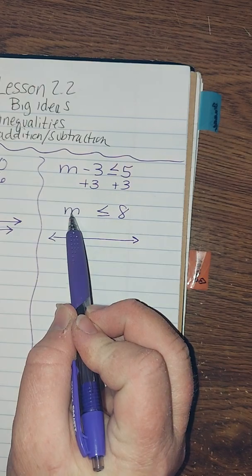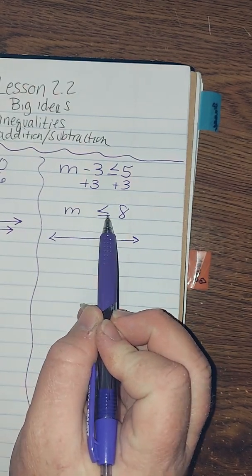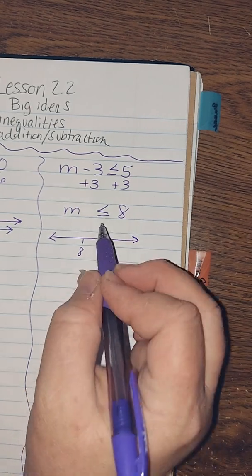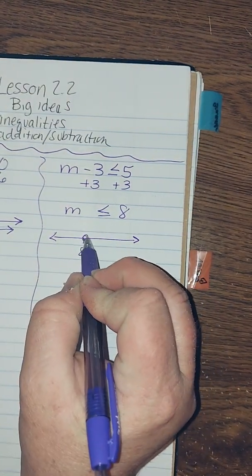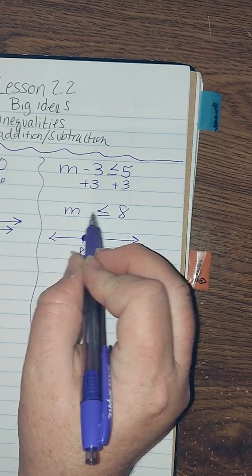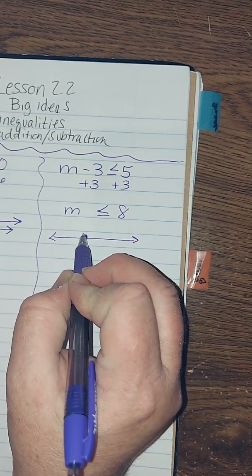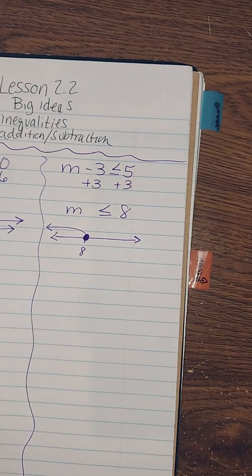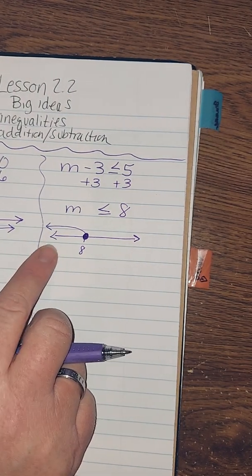Let's read it from here. M is, oh, first of all, I better get my line right. So open or closed? You're right, closed. All right, M, the small end is towards, so M is less. Less is to the left. So anything to the left of 8.